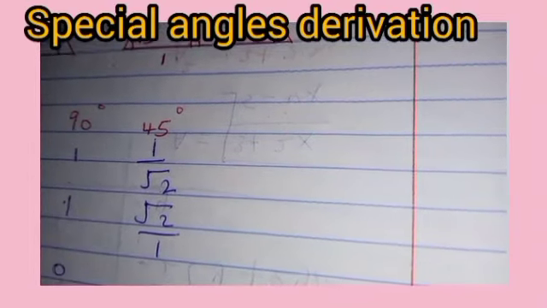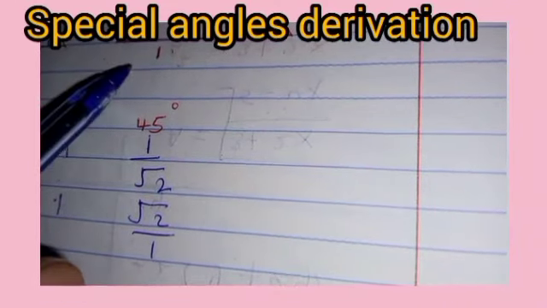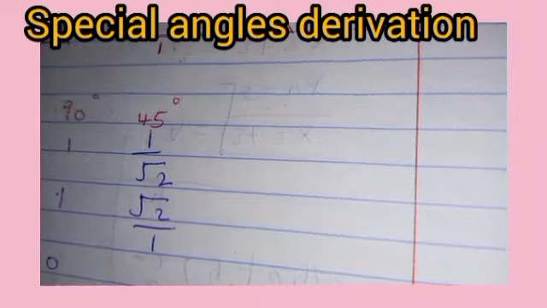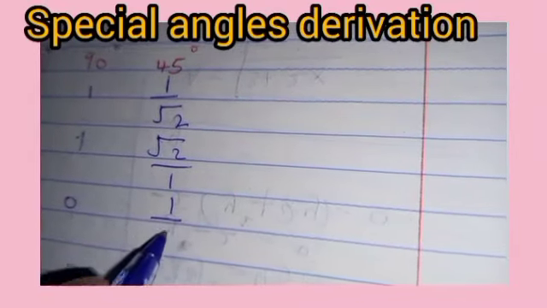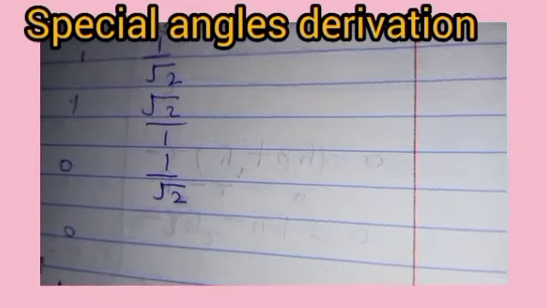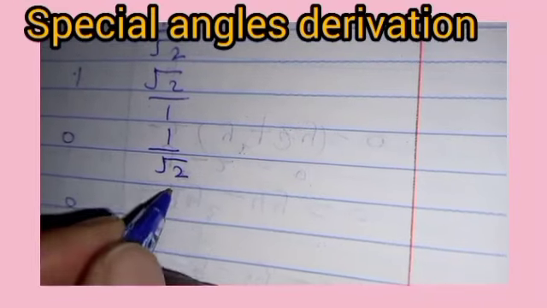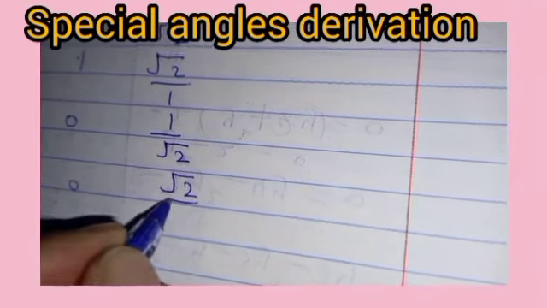Next you go to cos of 45, which will be given by adjacent, which is 1 over root 2. The sec will be given by the reciprocal of cos, which is root 2 over 1.